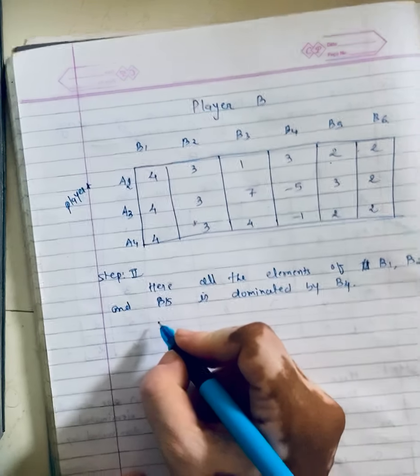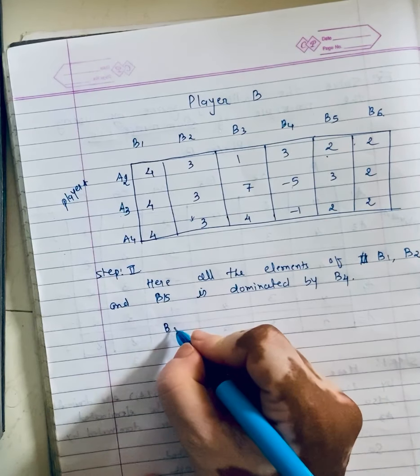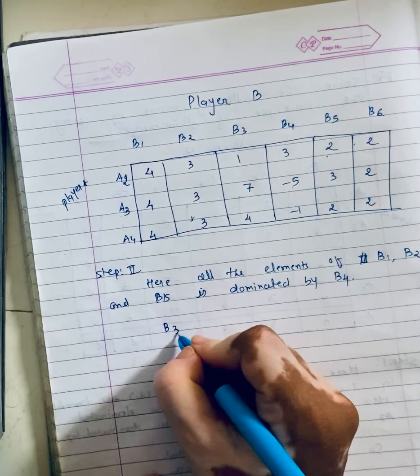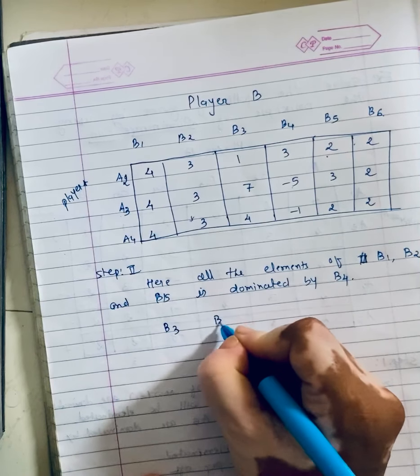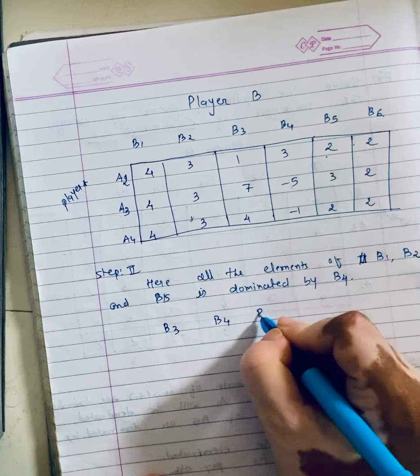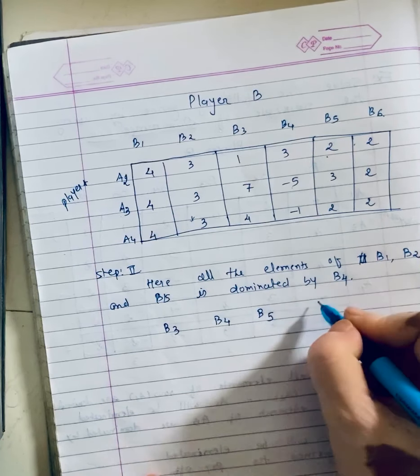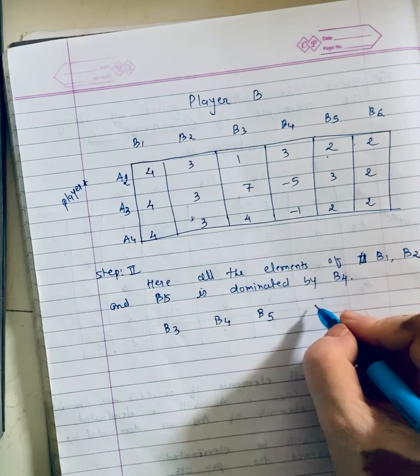So we eliminate B1 and B2, and we have B3, B4, B5 and B6.